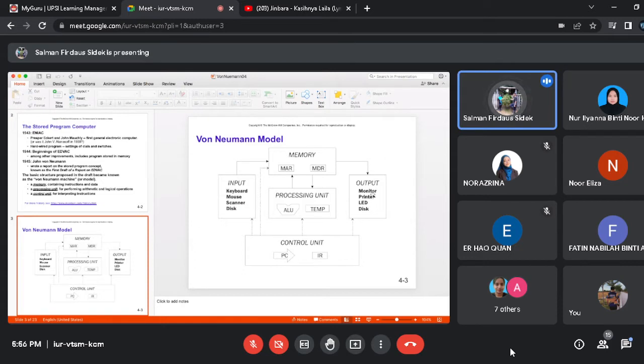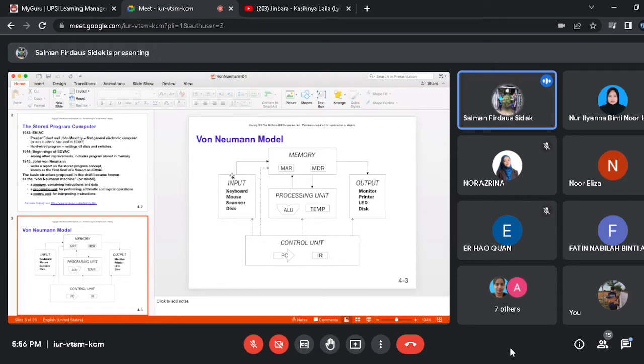The solid arrow represents the data flow from input to output, while the dash arrow represents the control mechanism of these four components.